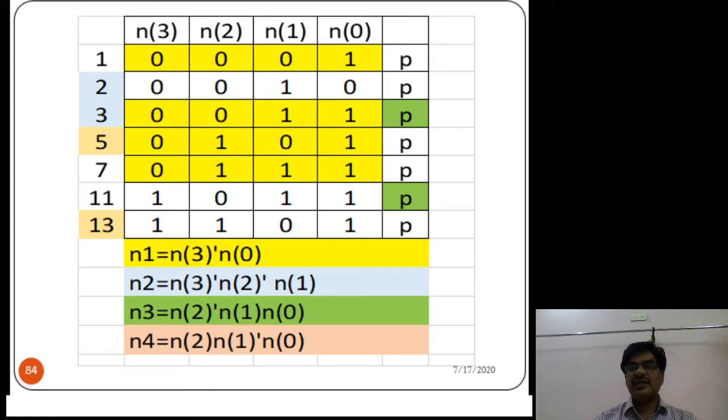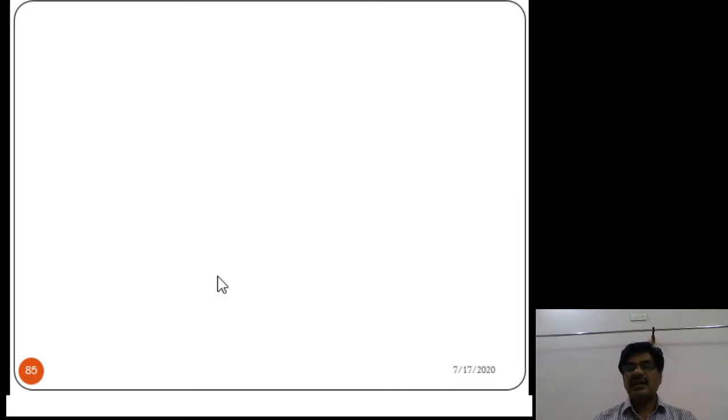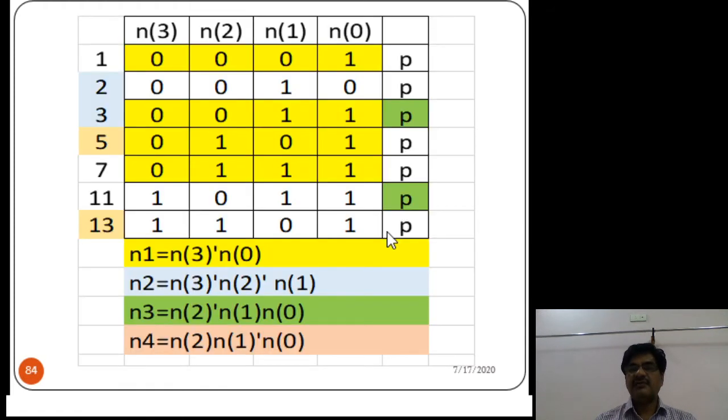Similarly, by comparing the prime numbers 2 and 3, you can write this Boolean equation, which is represented in blue color. By observing the prime numbers 3 and 11, the Boolean equation with reference to these two is n of 2 dash, n of 1, n of 0.